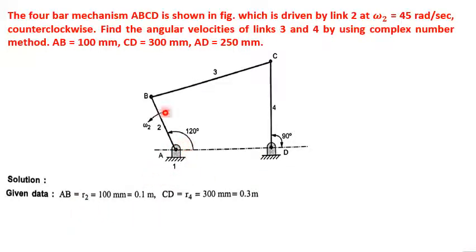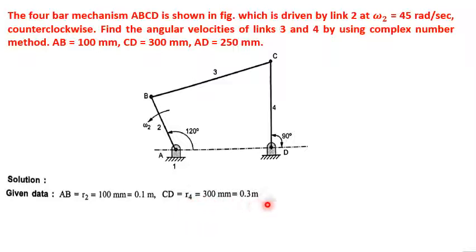So the AB length is given, that is 100 mm, which is nothing but magnitude R2, because this is link number 2, therefore we can consider it as R2. It is in millimeters, we have to convert it into meters, therefore it becomes 0.1 meter. Then link CD, the rocker, whose length is 300 mm, I will consider as R4, the magnitude.